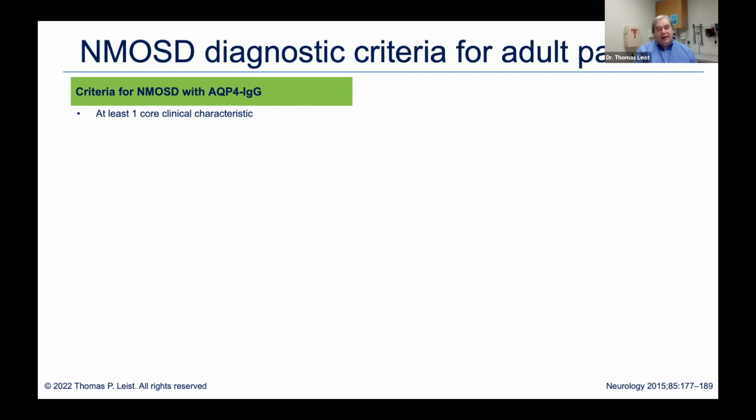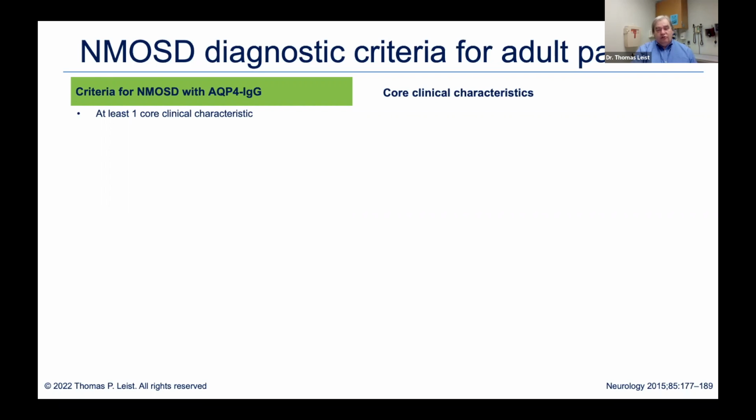If somebody has NMO antibody present, it is sufficient to have one of the cardinal features, the core features, present in order to make a clinical diagnosis of neuromyelitis optica spectrum disorder.